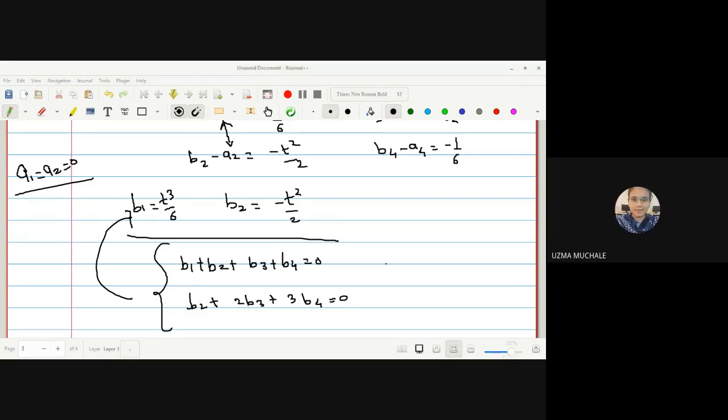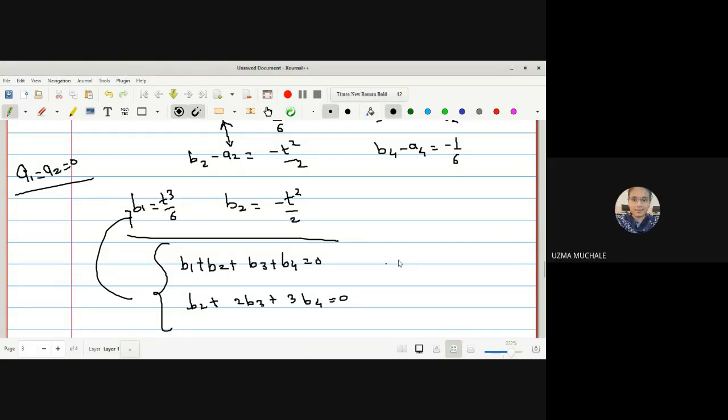Correct. And B3, minus t cube upon 3, but minus t cube upon 2, plus t square should be there, no? For B3. Yes, plus t square. Sure, correct. Okay.